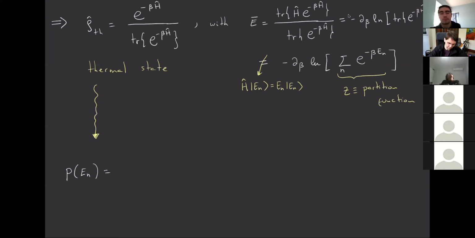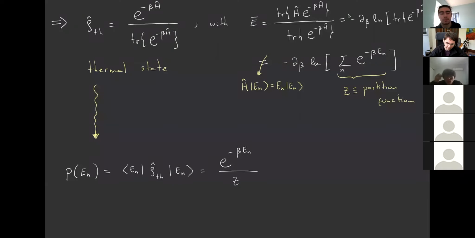So, of course, you know from what we have been discussing here that this will be given just by the expectation value of the state in the corresponding eigenvector of the Hamiltonian. But since this is an eigenvector of the Hamiltonian and the state depends only on the Hamiltonian, this is just directly equal to the exponential of minus beta energy n divided by some normalization, which is the sum of all the possible exponentials.